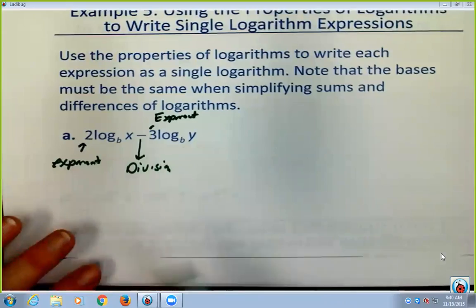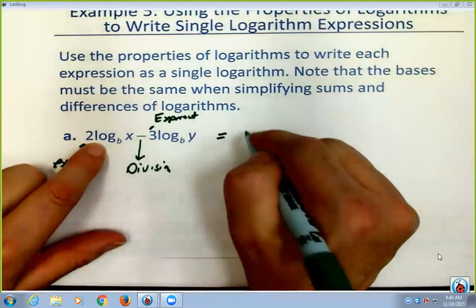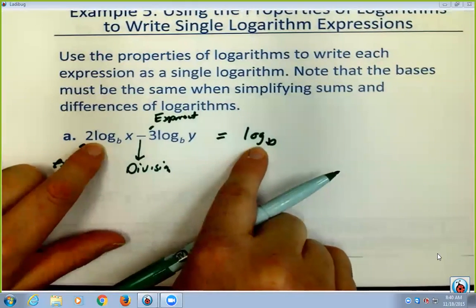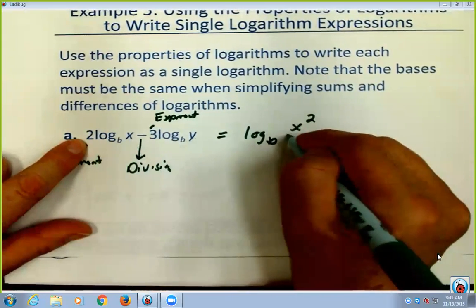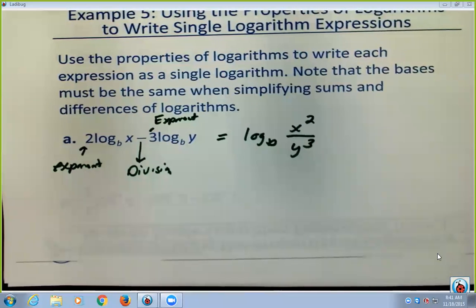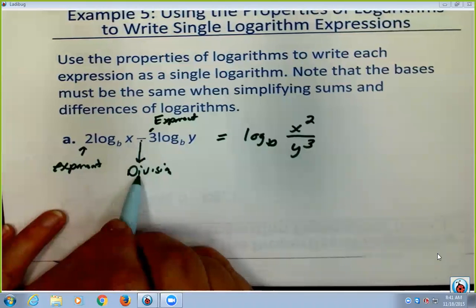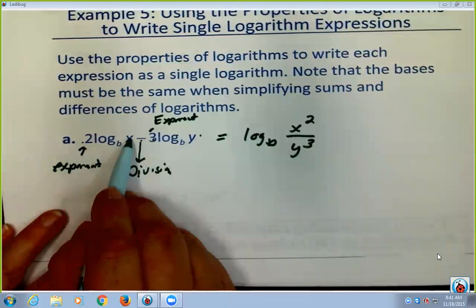So now what has to happen is log b is my log piece I have for this. Then I reverse it, so I have x squared all over y cubed. Are we good? Division, because it's subtraction, exponent on y, exponent on x.